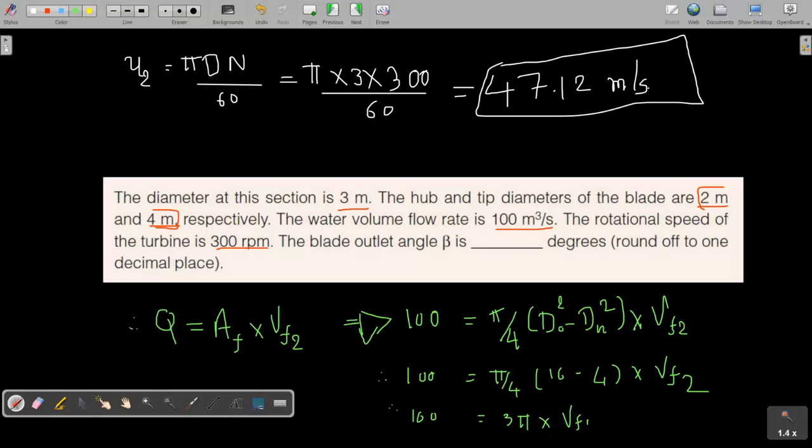When you solve this, you will get the velocity of flow vf2 as 10.6 meter per second. Now this is constant for all the cross-section area, so this is the main concept here, the main point that you have to remember, otherwise you will get stuck.